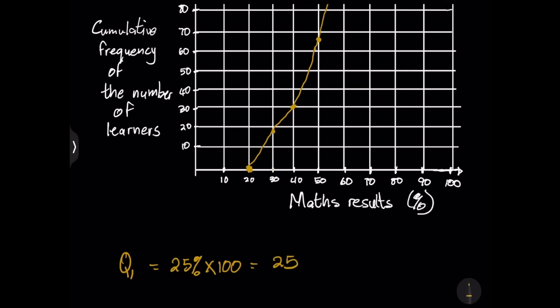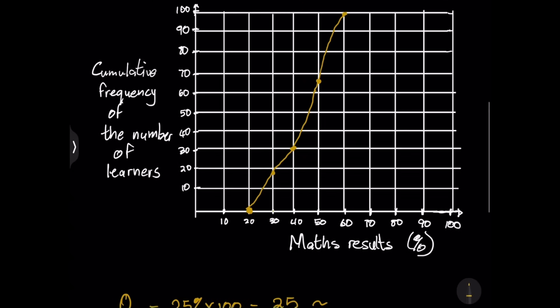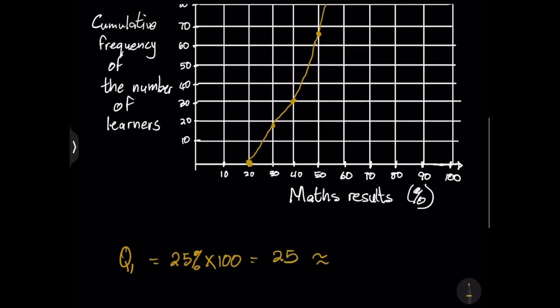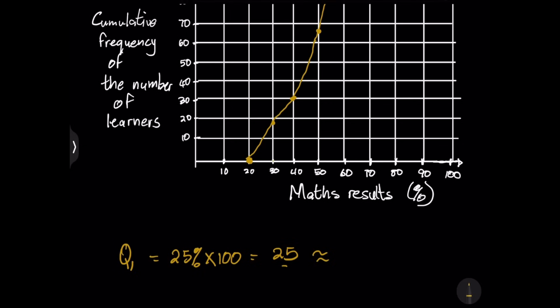Now, what does that mean? It means that to find my quartile 1, I'm going to go to my cumulative frequency and find 25. So I'm looking for my first quartile. 25 is roundabout there.